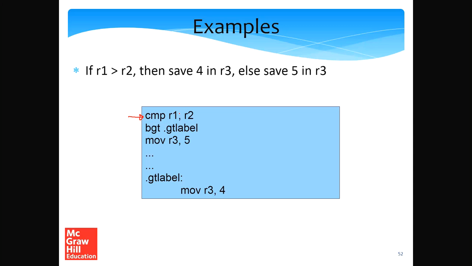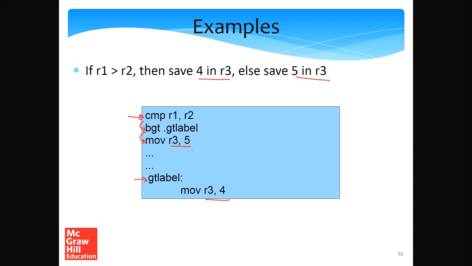If R1 is greater than R2, the flags.GT bit would be set to 1. So if it is greater than, we jump to the GT label, which is over here, and we save 4 in R3. Otherwise, we don't jump, and by default we come to the next statement where we save 5 in R3.